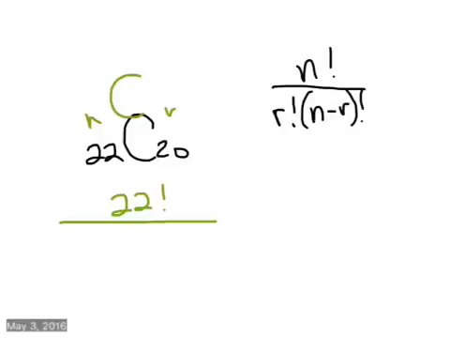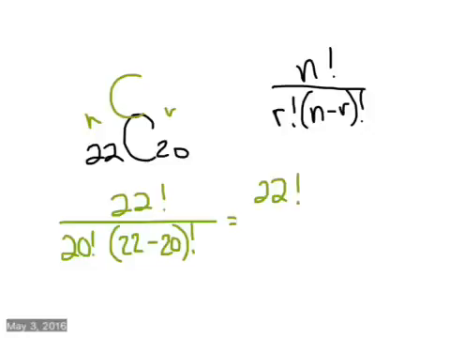Then on the bottom, we'd have 20 factorial, and then 22 minus 20 on the inside. I'm not going to write out 22 factorial like I did yesterday because that's a big number. On the bottom, 22 minus 20 is 2.